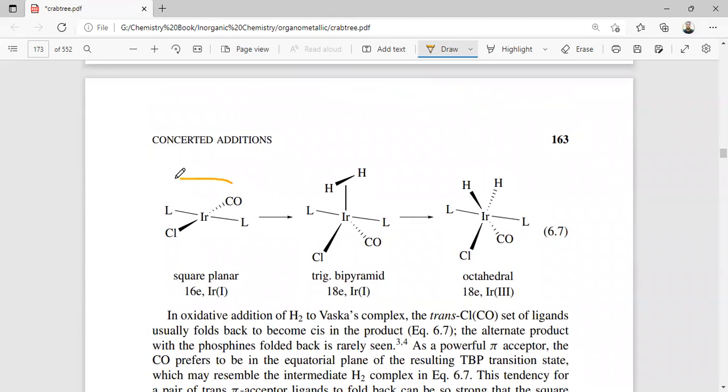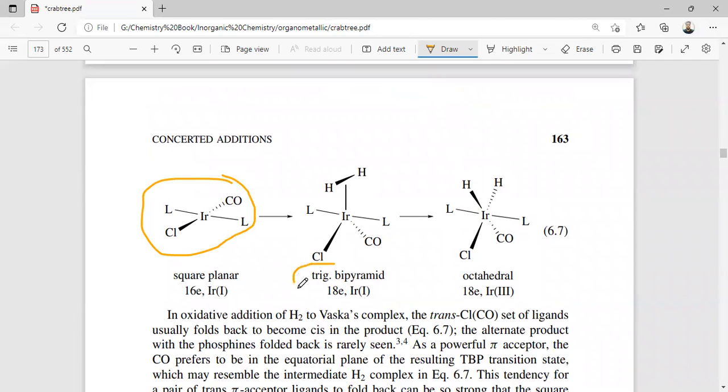So here, the first square planar complex adds H2 as a sigma complex, that is a trigonal bipyramidal 18 electron complex, and then the H2 adds in a cis manner to form this octahedral 18 electron complex.